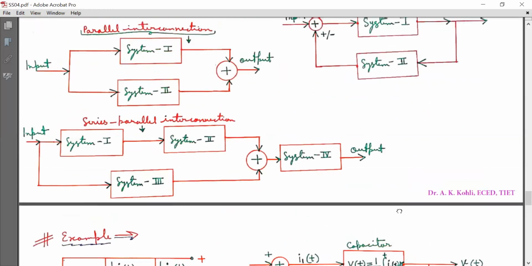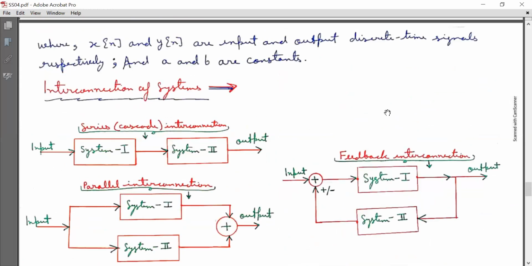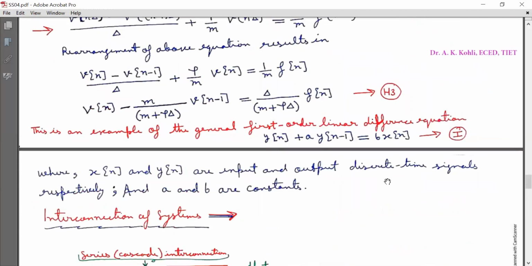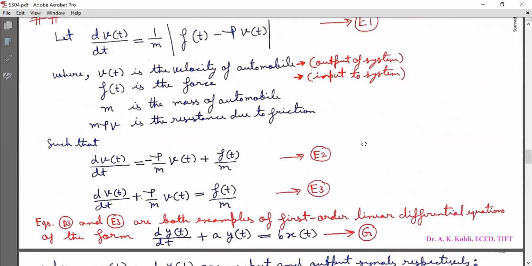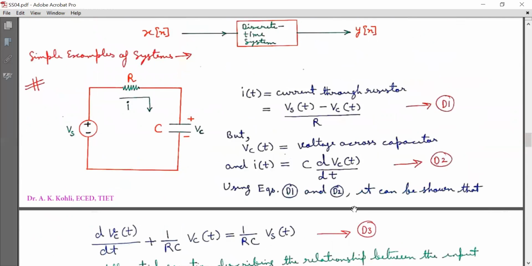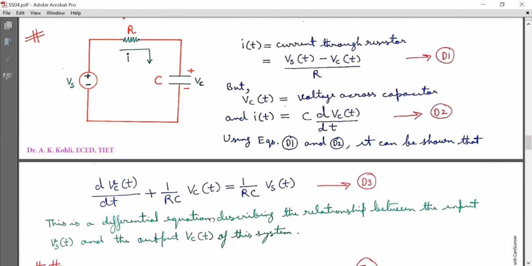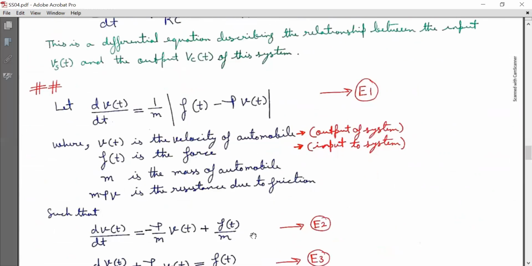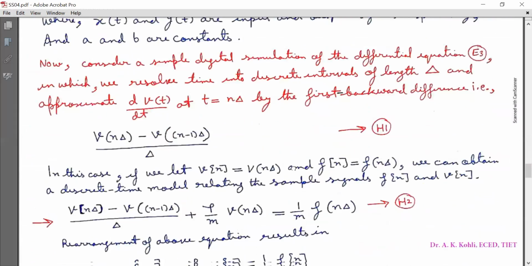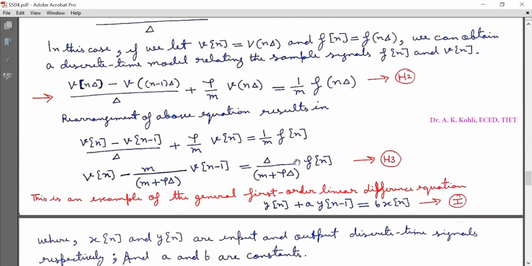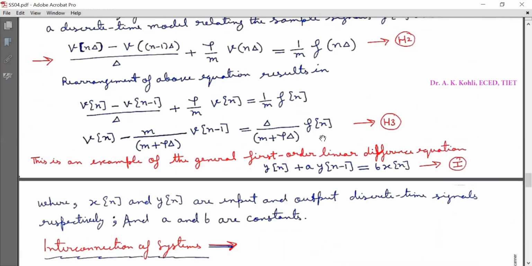And this is a brief description about how we form differential equations for the systems and how we generate difference equations for these systems, by this example I have shown.